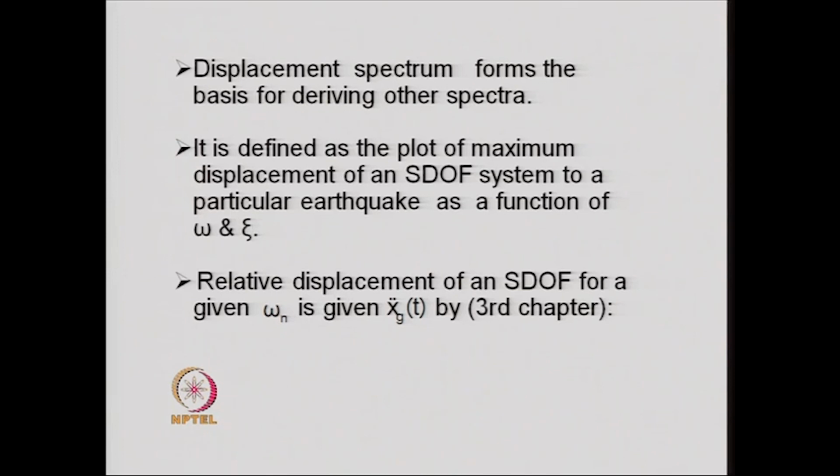For example, one of the methods that is widely used, especially in earthquake engineering, to obtain the response of the single degree of freedom system to a support excitation is the Duhamel integral.